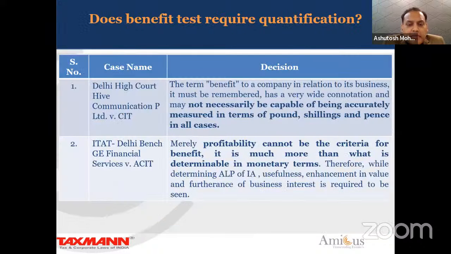Because we are discussing the benefit here, we might also just look at some guidance from Indian courts on how do you go about understanding the benefit.